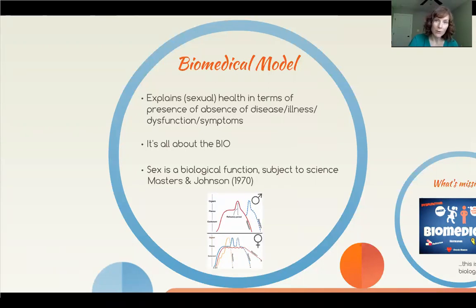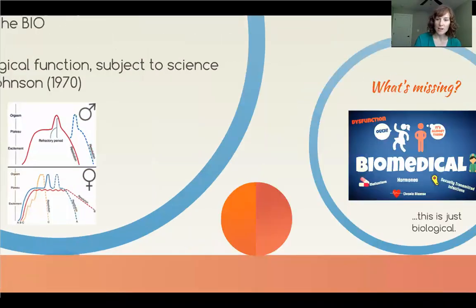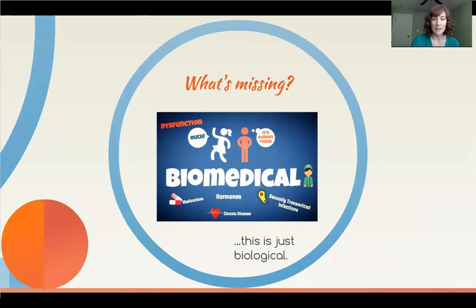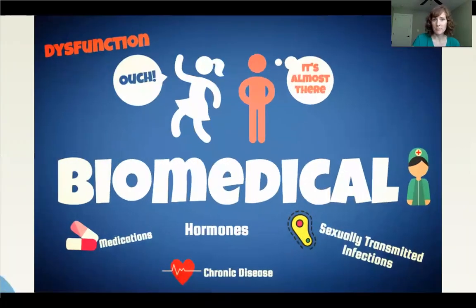So even if you have erectile dysfunction and you get a pill and you can use it and it works for you, that doesn't mean that you have a holistic sense of sexual well-being. There's a lot more to the story, right? Which is the point of saying what's missing here in the biomedical model. So at the top part, we see the dysfunction focus.